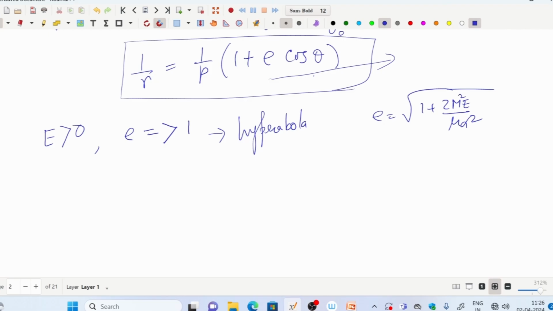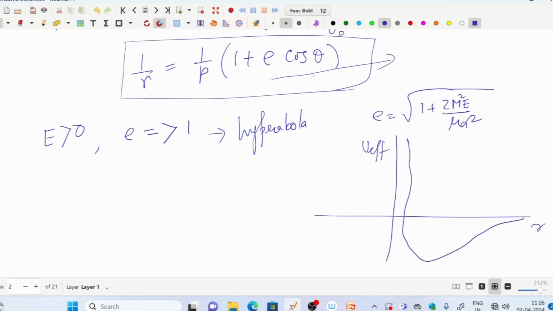Now recall that drawing of the effective potential versus r, and we found that for a 1 over r potential it looked like this. Here we have E greater than 0.